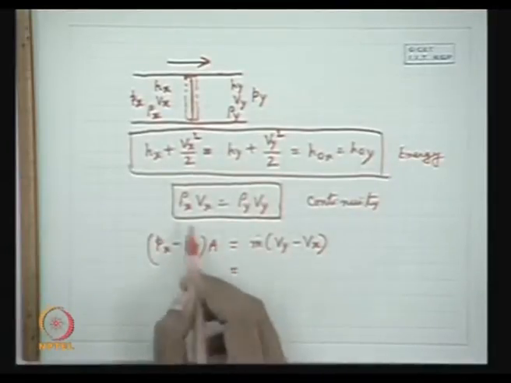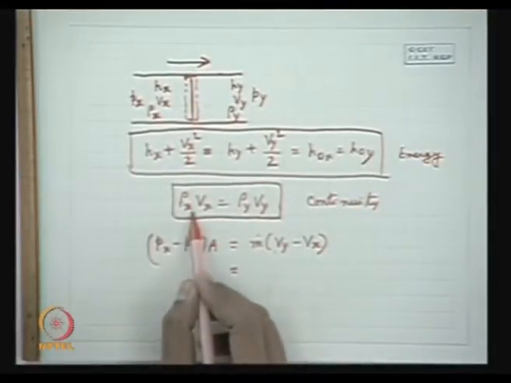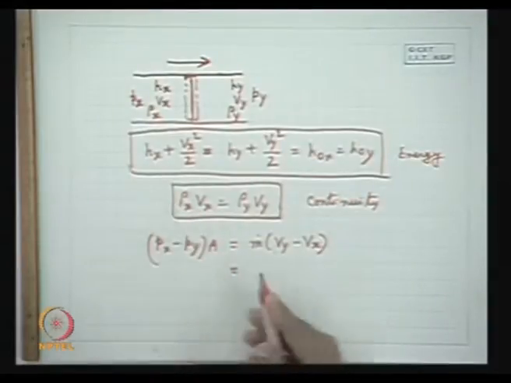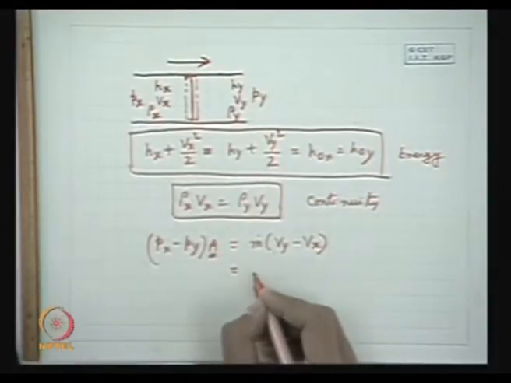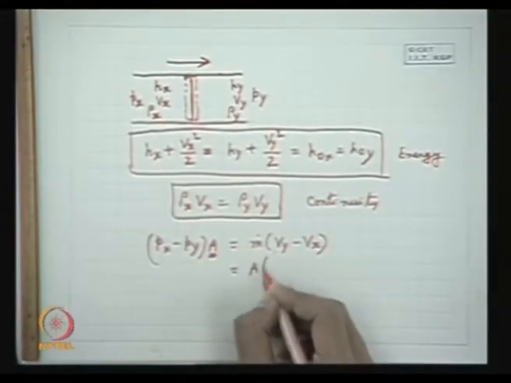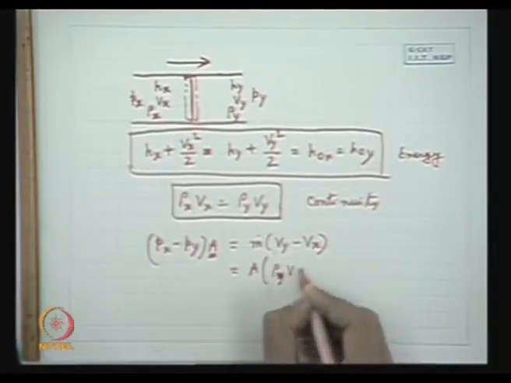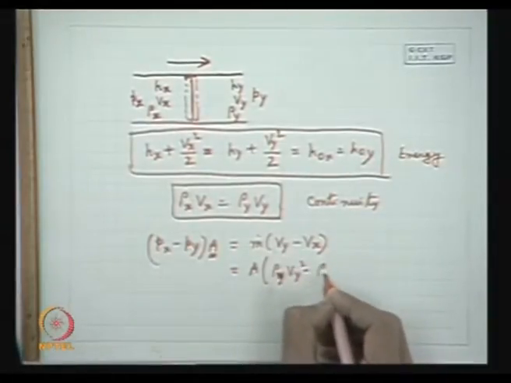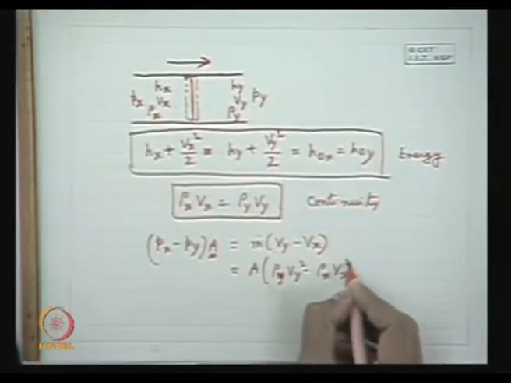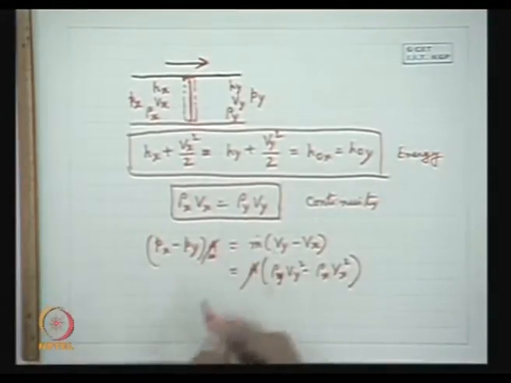Now mass flow rate can be expressed as rho x Vx times the cross-sectional area A. So accordingly we can write A into rho y Vy square minus rho x Vx square. This area is getting cancelled.